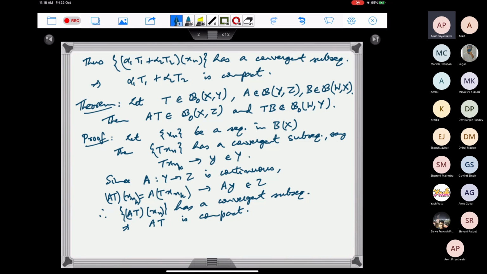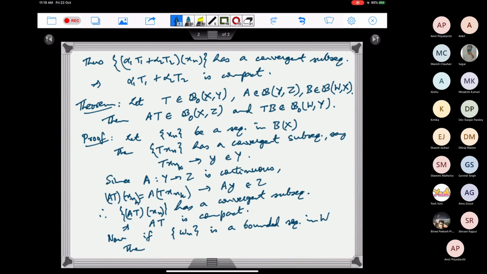So for the second part, let's not use x_n, so let me say w_n is a sequence in, we can just take any bounded sequence in W.